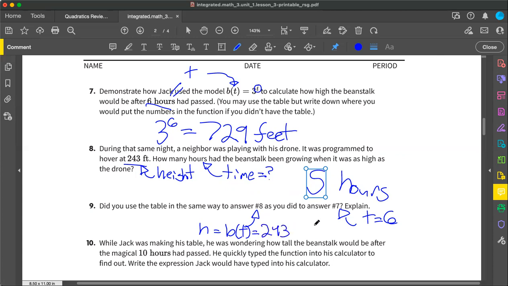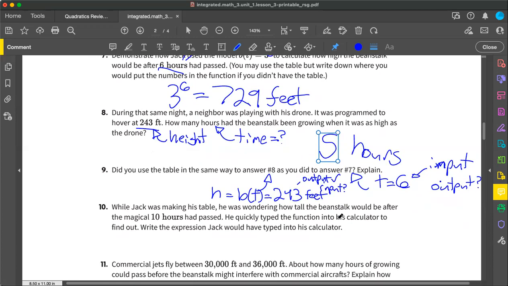So yeah, I guess you could say that we did use the table for both. This was your input, and then you were finding your output. So I'll put output question mark. Whereas with this, you knew your output, but you were looking for your input. So input question mark. I guess that's a way you can think about it.